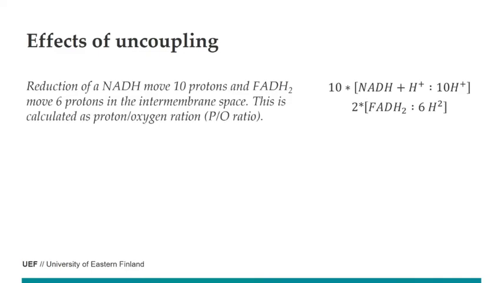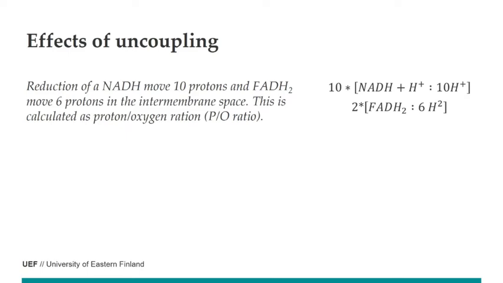Well, the oxidation of NADH moves 10 protons and FADH2 moves 6 protons into the intermembrane space. And this is calculated quite often: how many protons versus oxygen are used? So what is the proton-oxygen ratio?